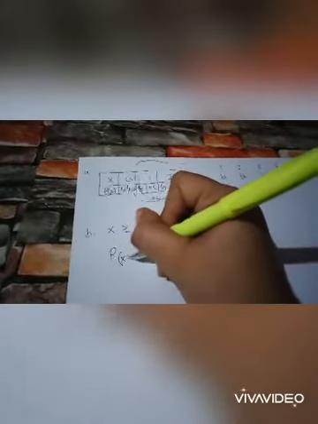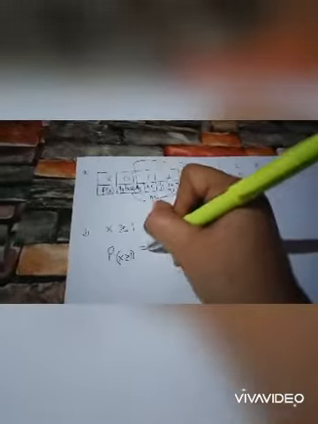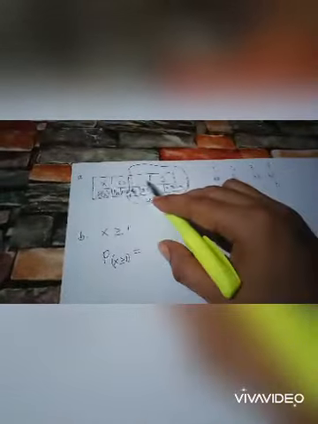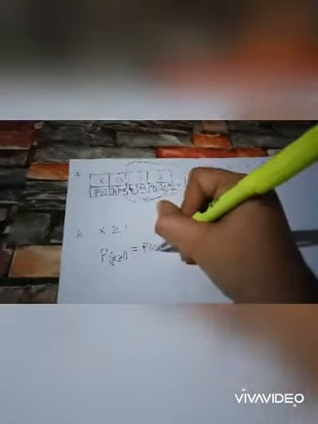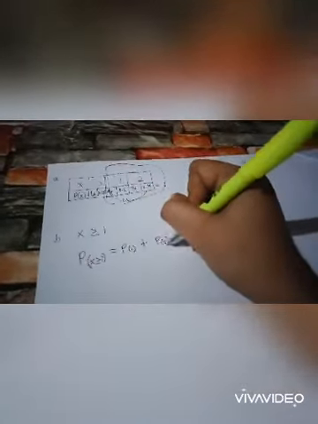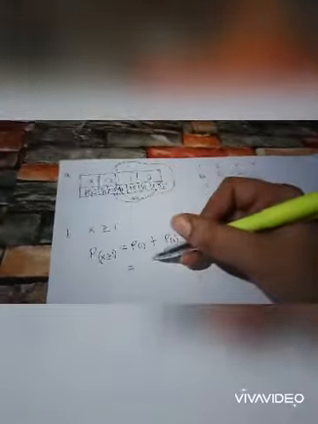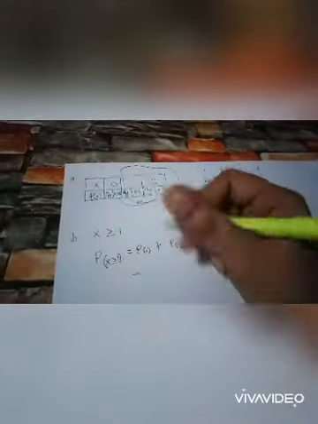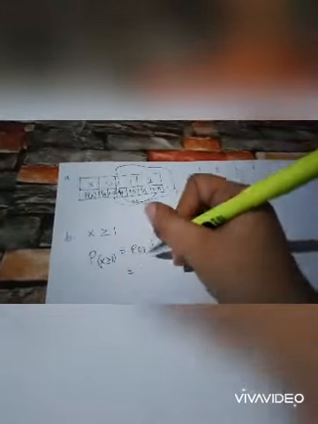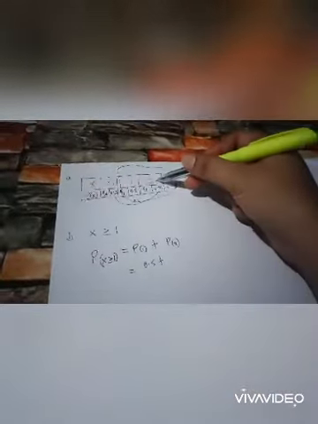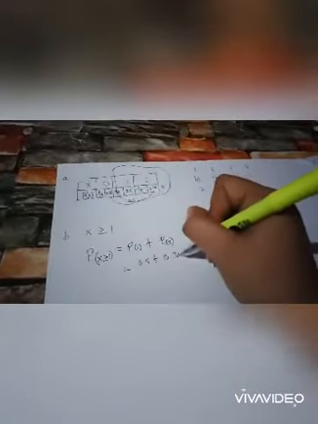So p of x, where x is greater than or equal to 1, is equal to your p of x where x is 1, plus your p of x where x is 2. That is p of 1 plus p of 2. And you have to write down here the values of your p of 1. What is your p of 1? That is 0.5, plus your p of 2 is 0.25.